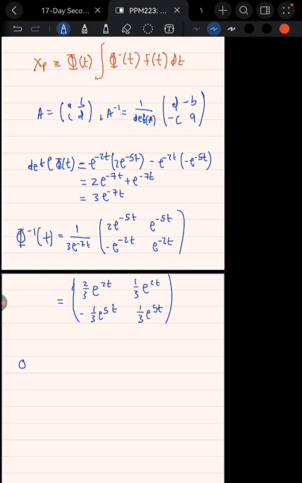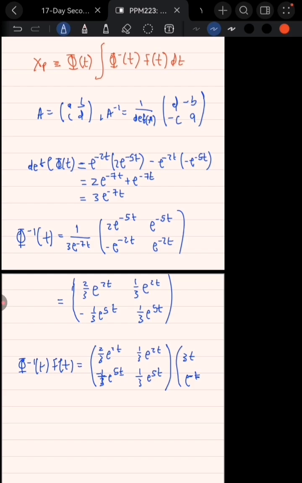It follows that the matrix multiplication of the inverse of the fundamental matrix with f of t is equal to the matrix with rows (2 over 3 e to the power 2t, minus 1 over 3 e to the power 5t) and (1 over 3 e to the power 2t, 1 over 3 e to the power 5t), multiplied by f of t, which is 3t e to the power minus t.